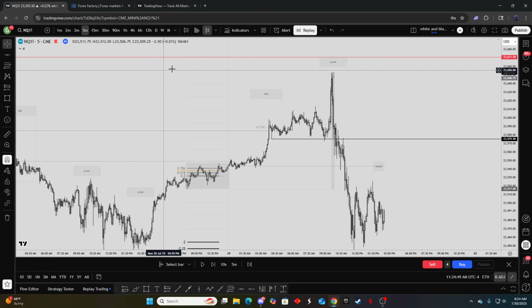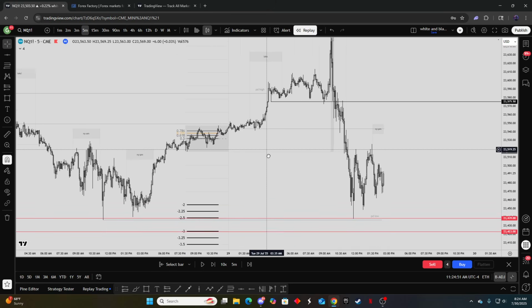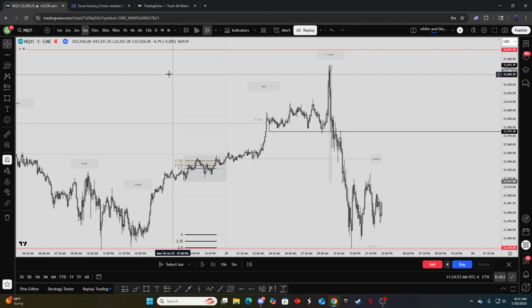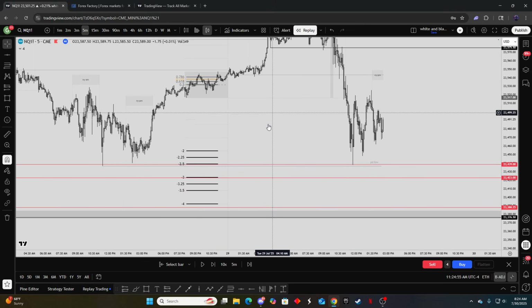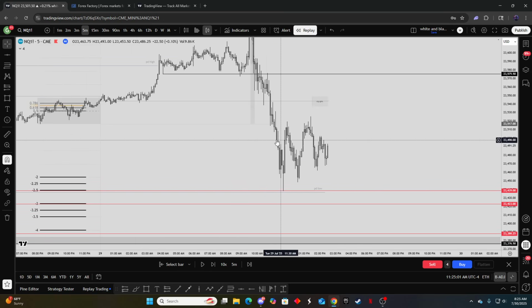So in this case, third deviation got respected, and then third deviation from here, I was looking for that to get respected as well.